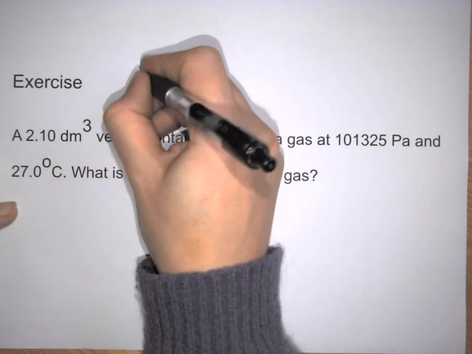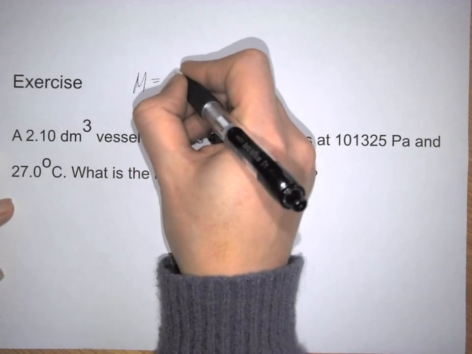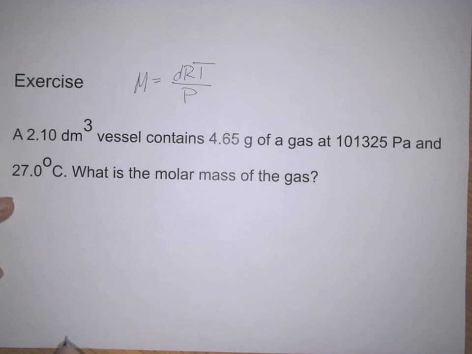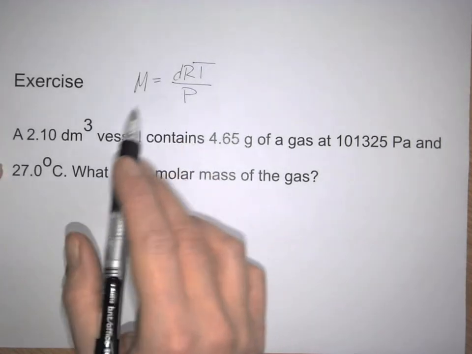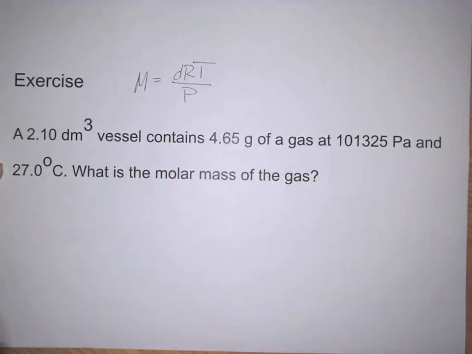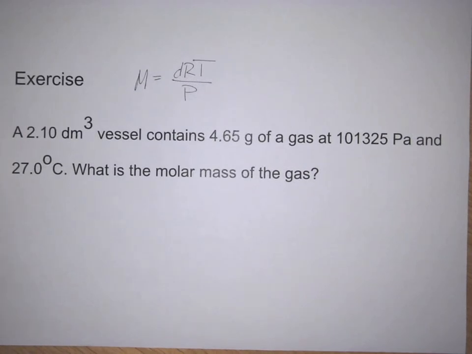I will write the equation again. We know something here. We know the gas constant, the temperature, and the pressure is given. The density is the gram per cubic meter.